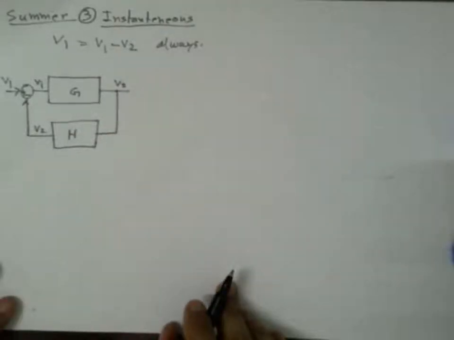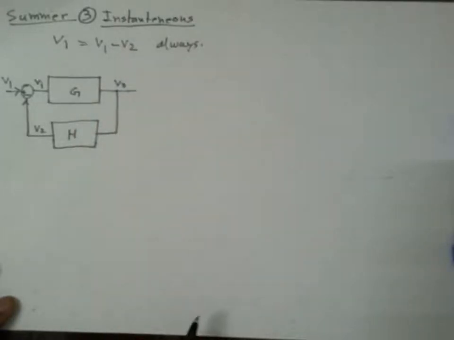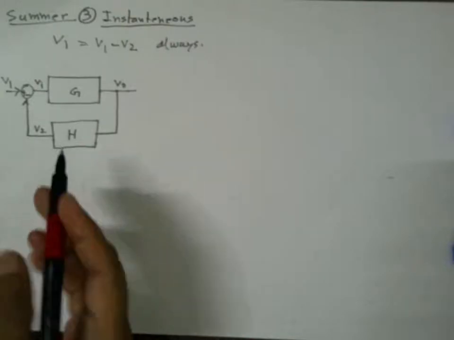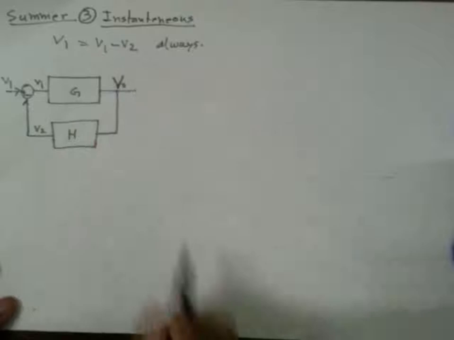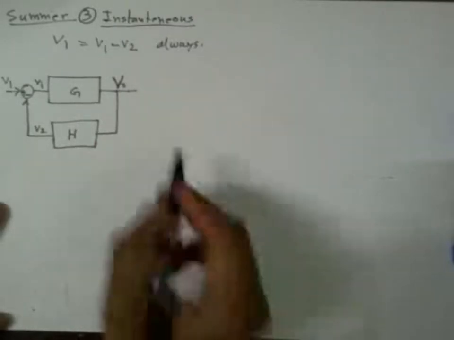That's what we have. Okay, so this is this circuit, and now let's see how this V2 will be decided. So we shall make a table.